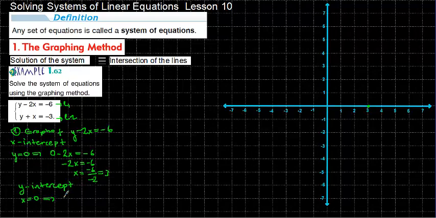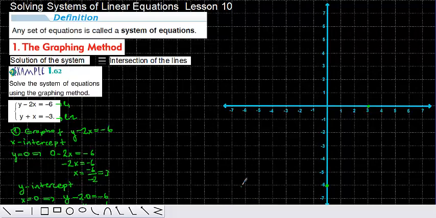This implies that y minus 2 times 0 is equal to minus 6. 2 times 0 is equal to 0. y minus 0 is equal to minus 6. It's going to be y is equal to minus 6. So the second point is y is equal to minus 6. The second intercept is y equal to minus 6. So the graph of the line is here.